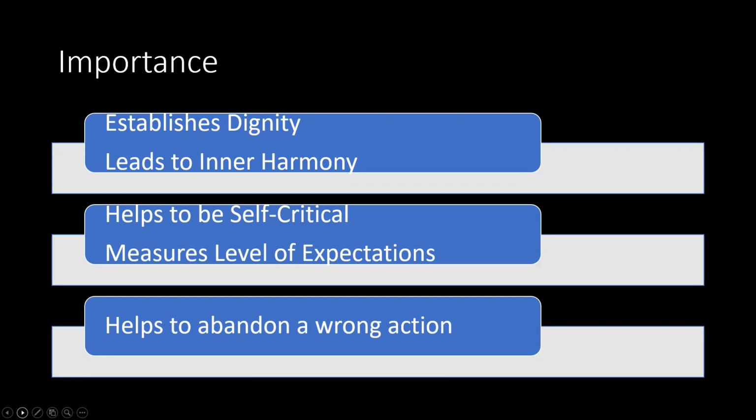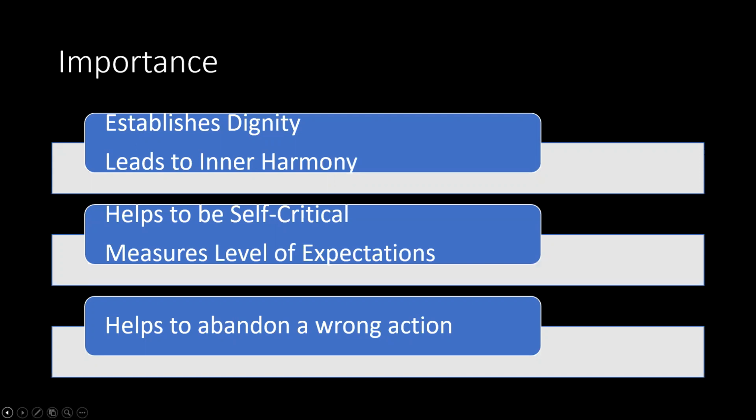It helps him to have an inner harmony, ensuring a reasonable self-confidence and a better way to reduce conflicts at the organization. And it helps an individual to become critical. An adequate self-appraisal implies the ability to set oneself realizable goals and to control the flow of negative thoughts, and it helps them to be more self-critical.